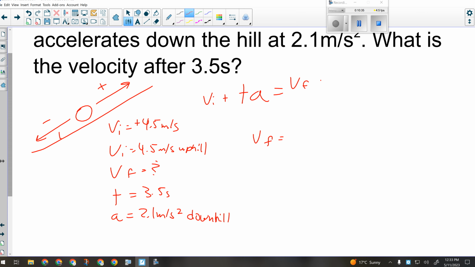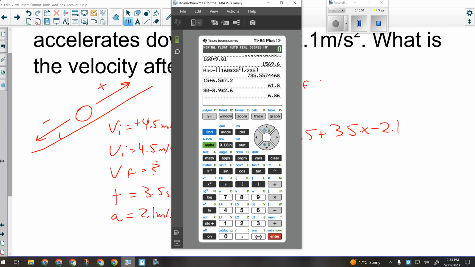So VF will be positive 4.5 plus 3.5 seconds times negative 2.1 meters per second squared. When I punch that into my calculator, I have to make sure I keep all of that in there.